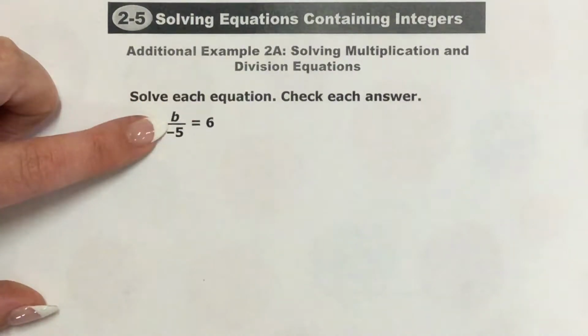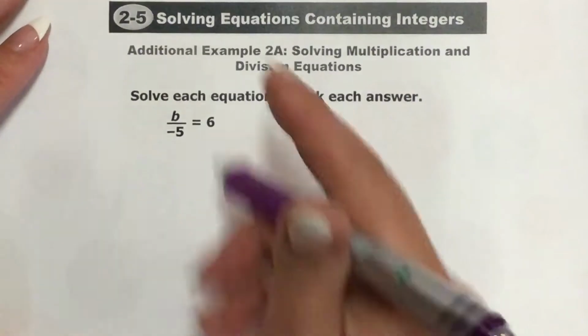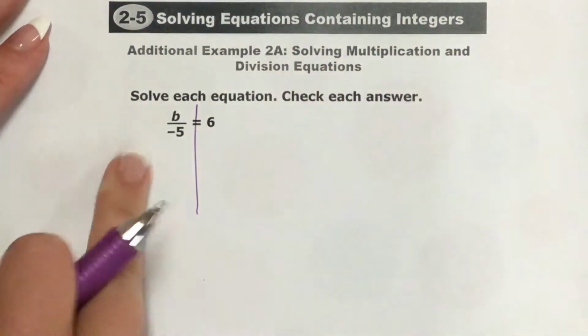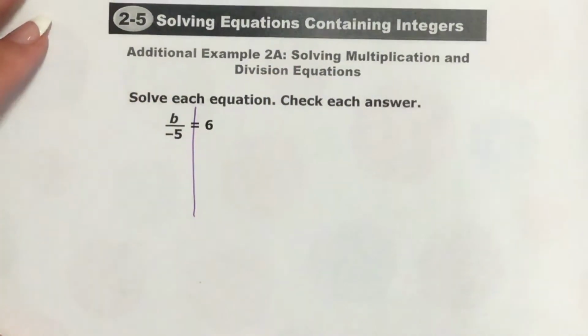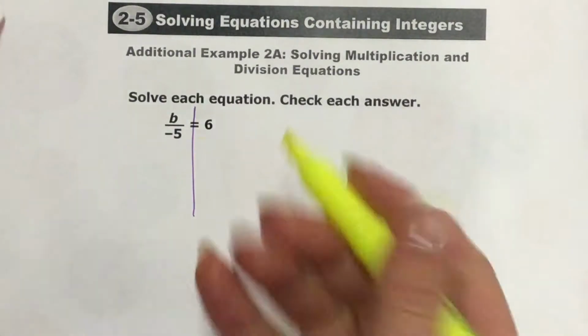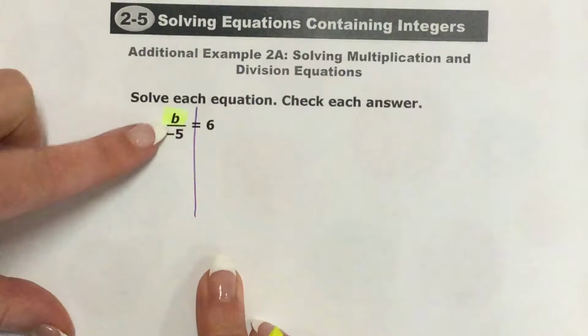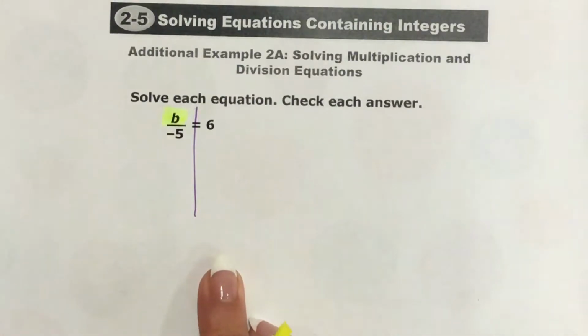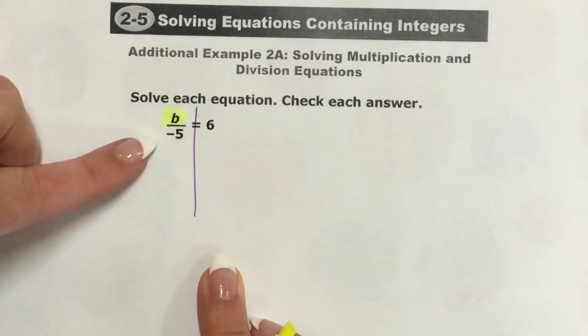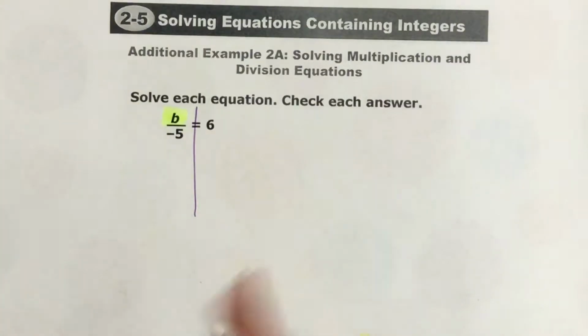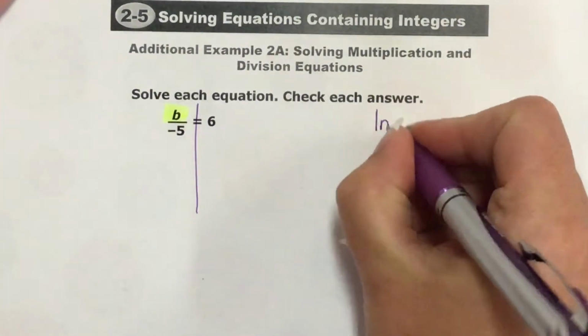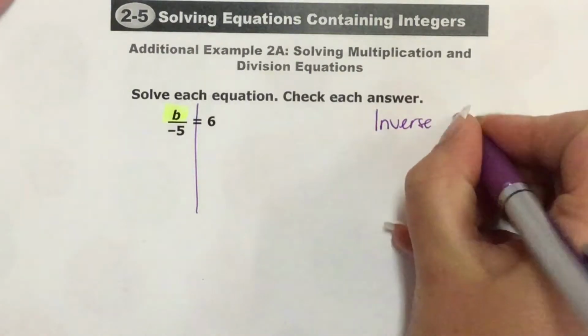This is b divided by -5. To figure out what b is, we still need it by itself on this side of the equation, and it is not by itself. There's a division symbol and it's divided by -5. So we have to use one of our inverse operations to get b by itself. Remember we talked about inverse operations last time.